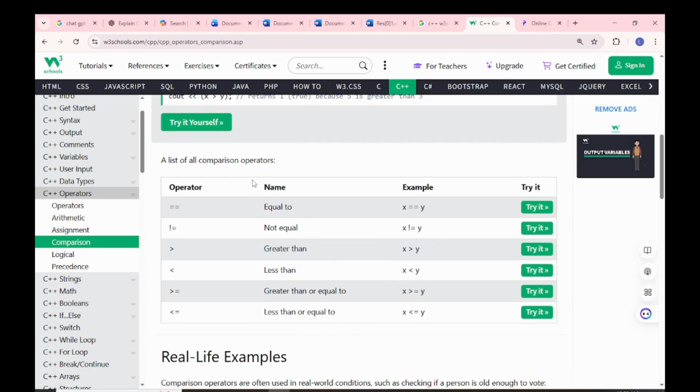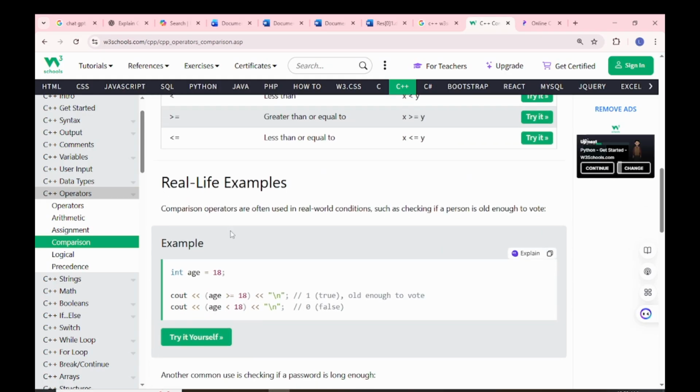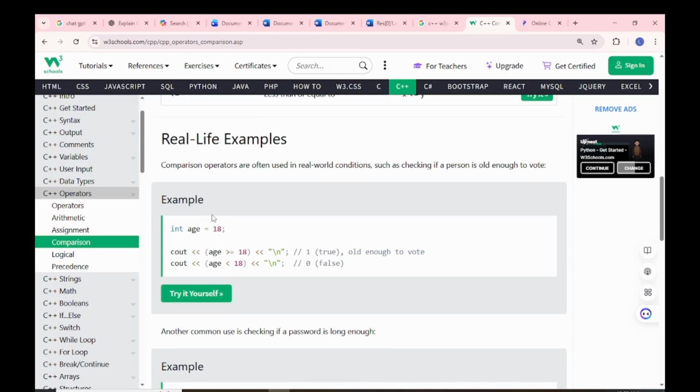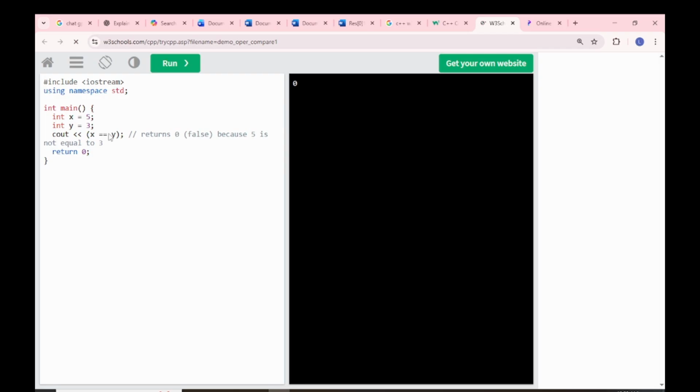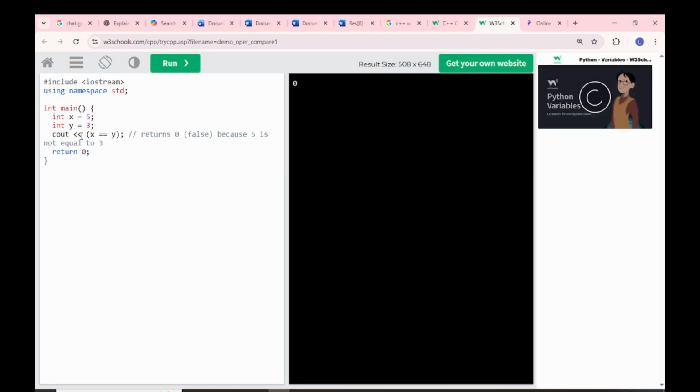Anyway, so a list of comparison operators. This is equal to, not equal to, greater than, less than, greater than or equal to, less than or equal to. So real life examples, so we need to write them. Okay, so if you write, then you will get some practice. So integer x 5, y is 3, cout x equals y.